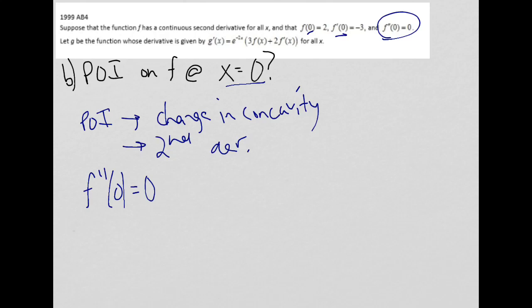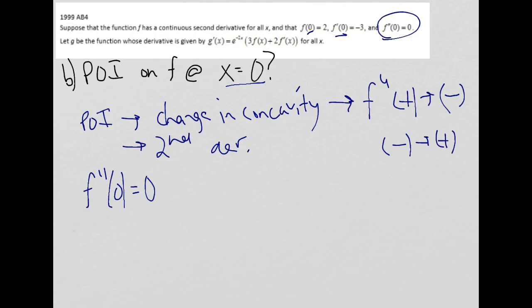Now here's the problem. I don't know what f double prime looks like close to 0. In order to get a change in concavity, I need f double prime to change from positive to negative, or I need f double prime to change from negative to positive.